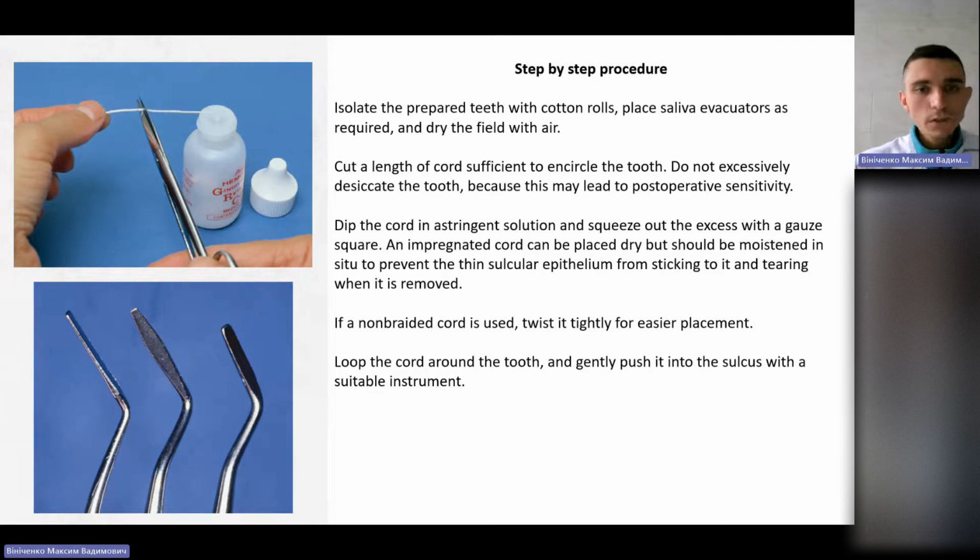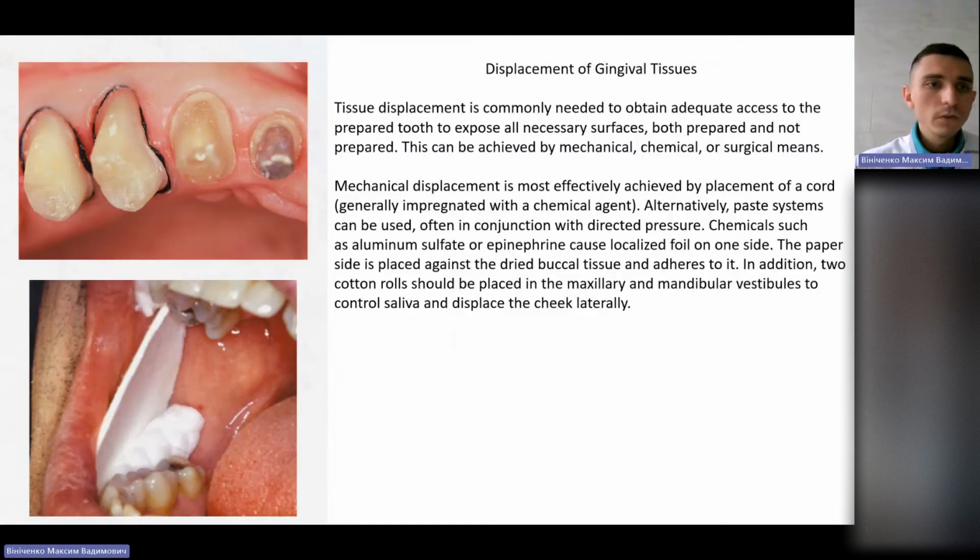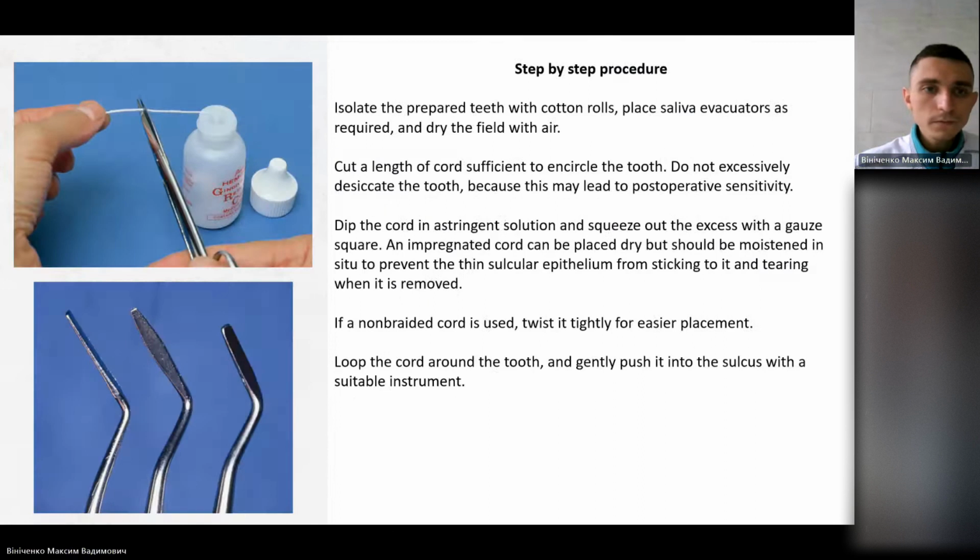If a non-braided cord is used, twist it tightly for easier placement. Loop the cord around the tooth, as you can see there, and gently push it into the sulcus with suitable instruments.